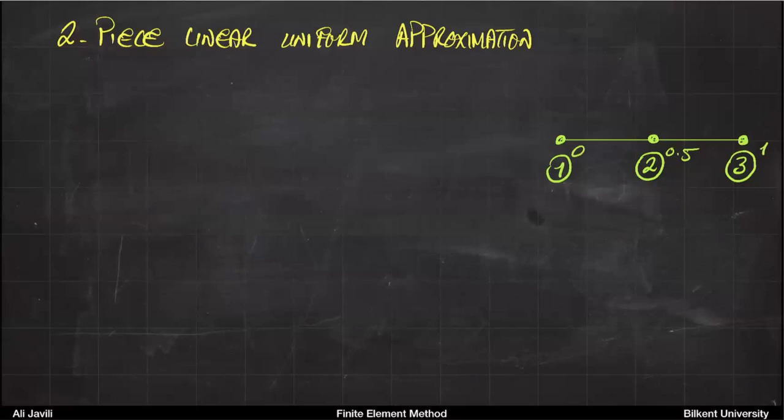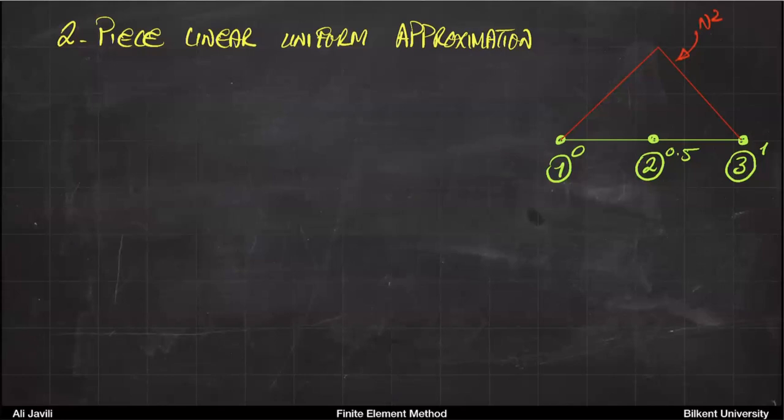Now, the three hat functions or shape functions would look like this. You would have a function which would be 1 at node 2 and 0 at the other two nodes. So that would be your N2. Okay, so this is our N2. And I use different colors to identify that they are different functions.